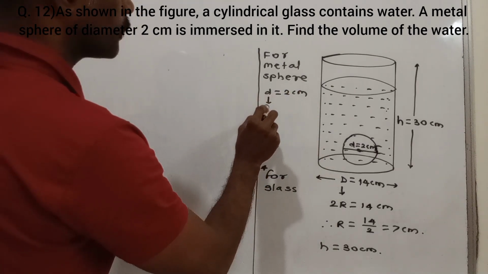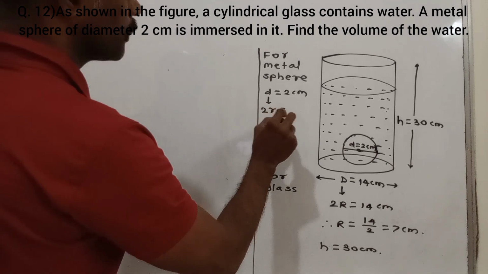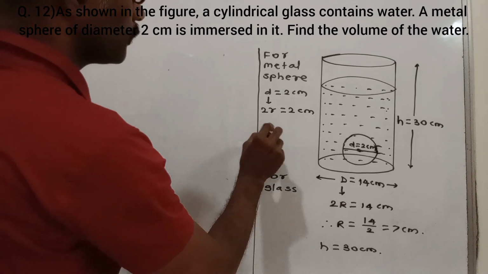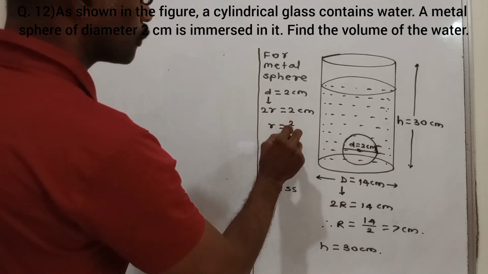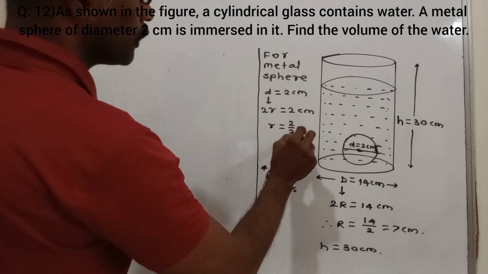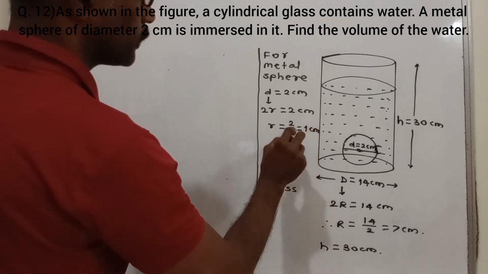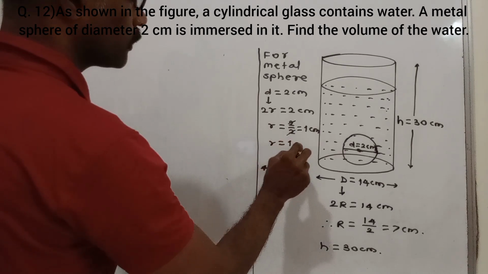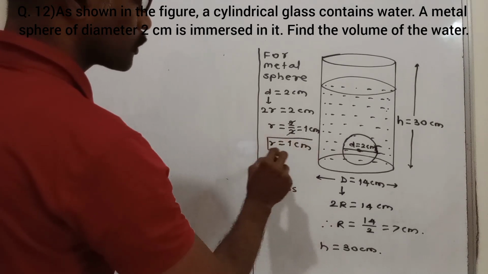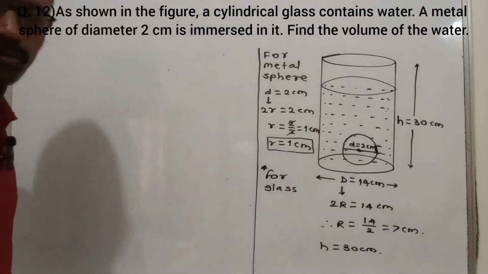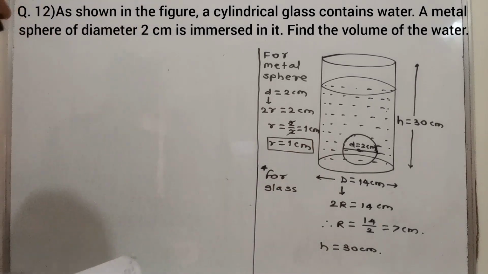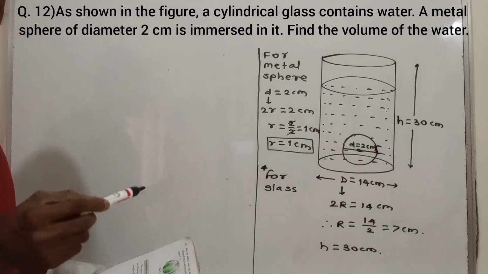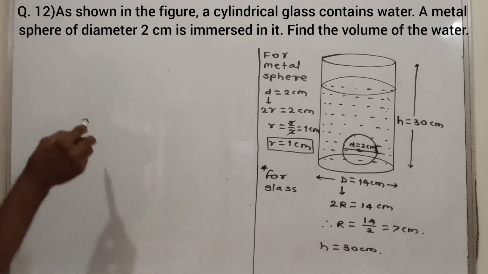Therefore, formula for diameter 2R is equal to 2 centimeter. Therefore, R is equal to 2 upon 2 is equal to 1 centimeter. Therefore, small letter r is equal to 1 centimeter. Then, what is the question? Find the volume of the water.